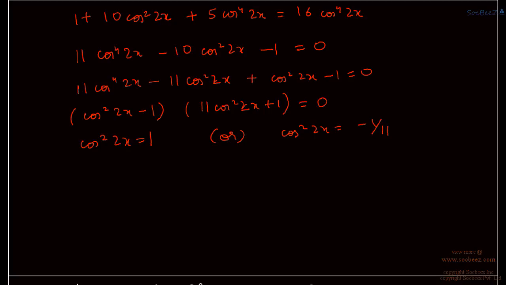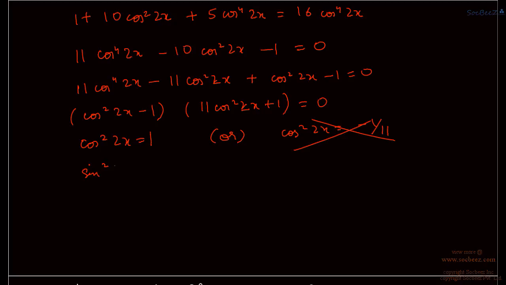Now you see the second one is not possible, right? The left hand side is cos squared, which means the right hand side must always be positive. But minus 1 by 11 is a negative number, so this is not possible. So we have cos square 2x equal to 1. Now we can directly write from this, but we'll rather go this way.